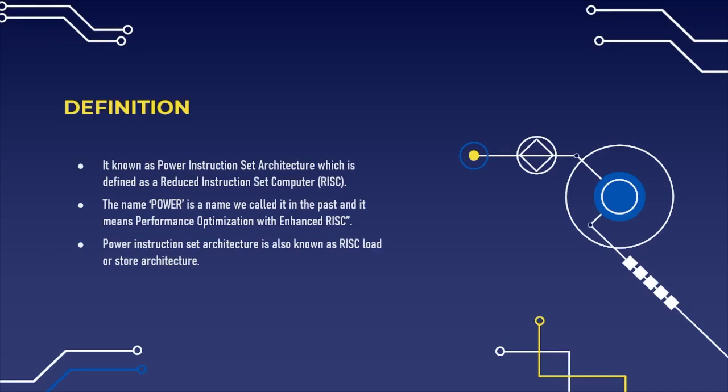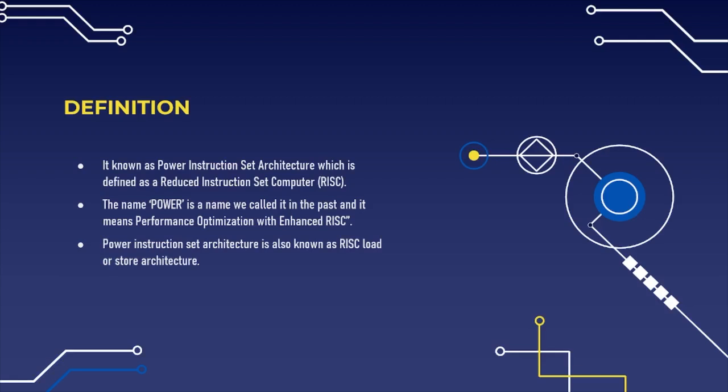For the definition part, Open Power ISA is also known as Power Instruction Set Architecture, which is defined as a reduced instruction set computer, and in short, we will call it RISC. It was developed by the Open Power Foundation, which is the governing body for Open Power ISA, and it is led by IBM.